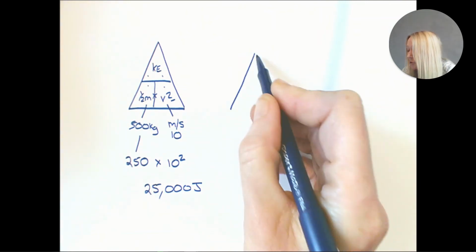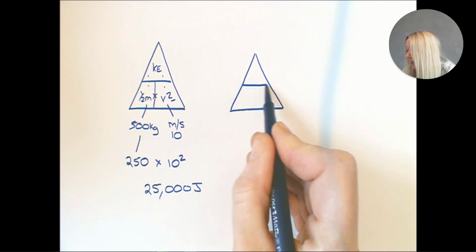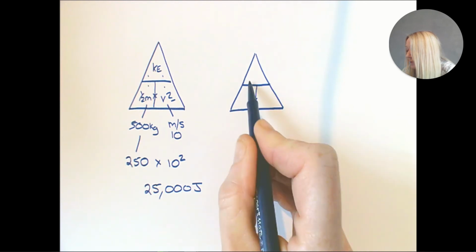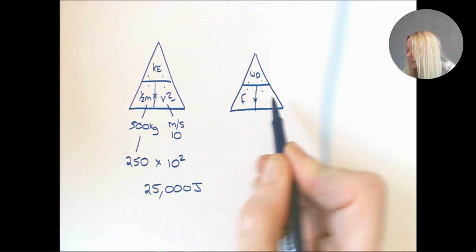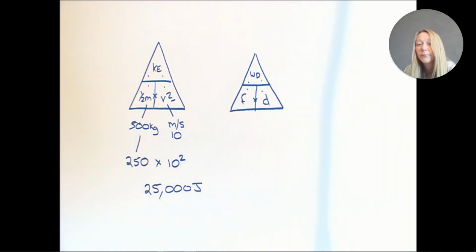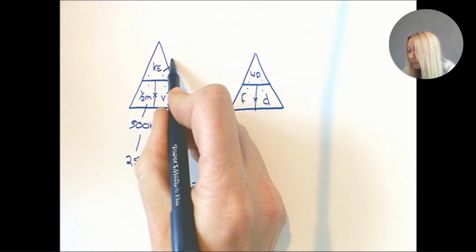And again, I'm going to use a triangle. So we have times line, divide line, work done equals force times distance. So we worked out previously that we have 25,000 joules of energy. So that's our kinetic energy.